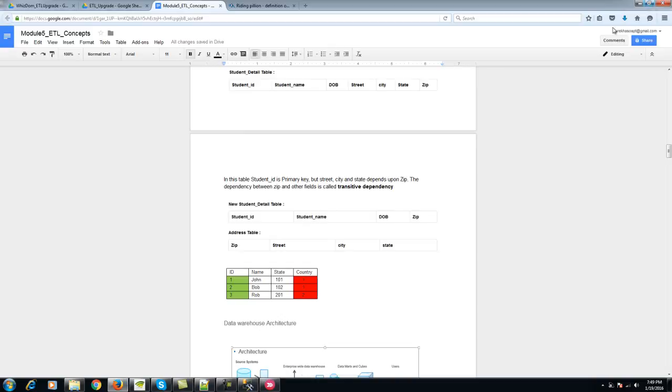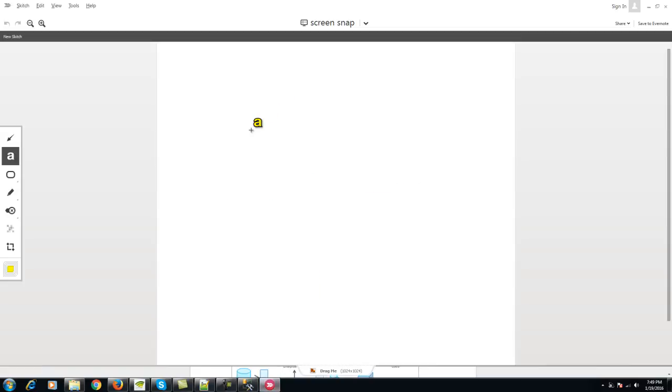Whereas in a data warehouse you would not like to have multiple tables. You would not like to divide your data across multiple tables, the reason being the performance impact. If you have multiple tables, it will impact the performance of your data warehouse.